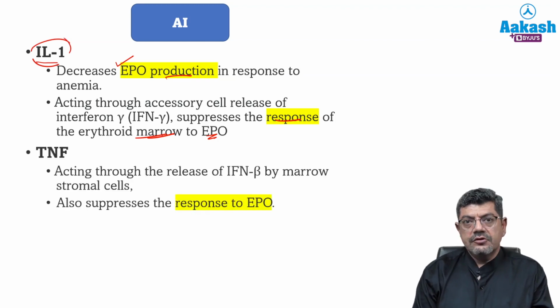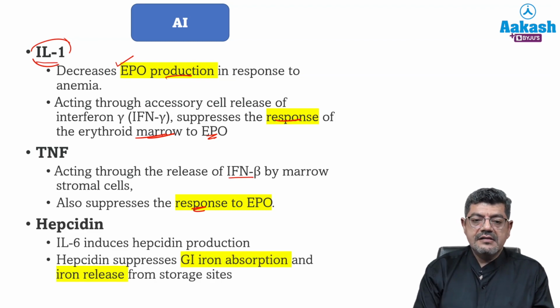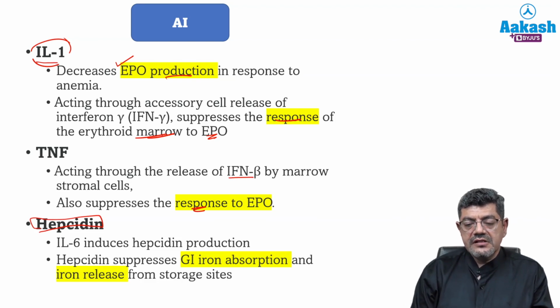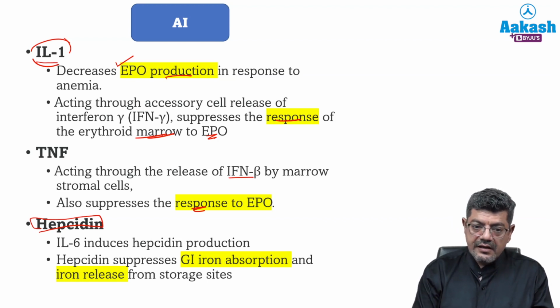Then, of course, there's tumor necrosis factor, and TNF acts through interferon beta, and this also suppresses the response to erythropoietin. And last on that list is hepcidin. You've read about hepcidin when you've studied iron absorption from the GIT, and it reduces iron absorption. Hepcidin inhibits iron absorption from the GIT and iron release from storage sites.